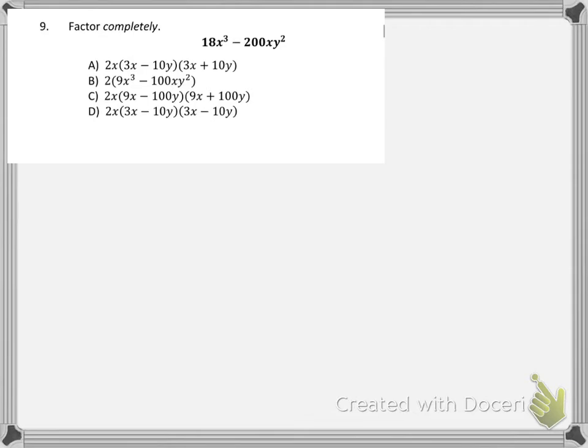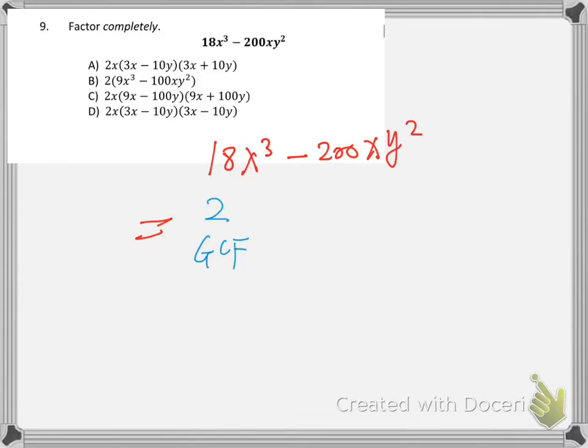Okay, so we are looking at 18x cubed minus 200xy squared. So first we look at the GCF. So 18 and 200, they both have 2. They both have x part, smaller exponent is x.